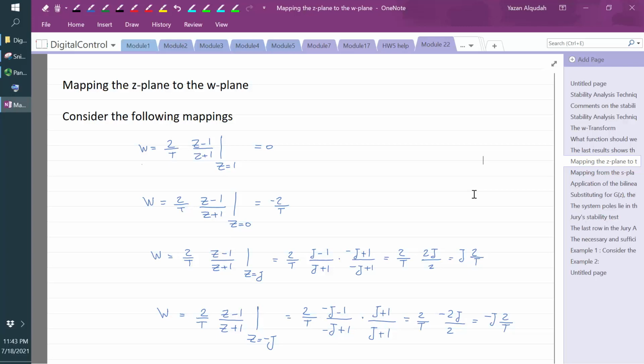If z is equal to 1, then w is equal to 0, because 1 minus 1 gives me a 0. Okay, let's see what happens if z is equal to 0. Now I'm inside the unit circle. w is going to equal 2 over T, z minus 1 over z plus 1, with z equal to 0. I'm going to get negative 1 multiplied by 2 over T. I'm going to get negative 2 over T.